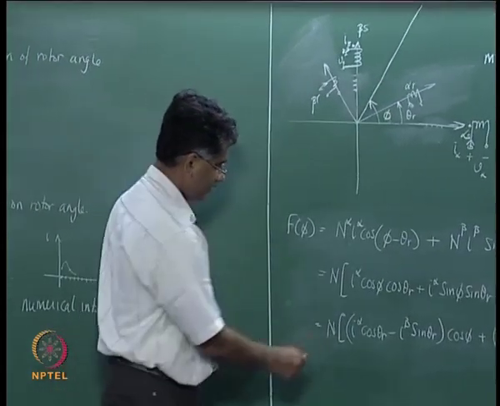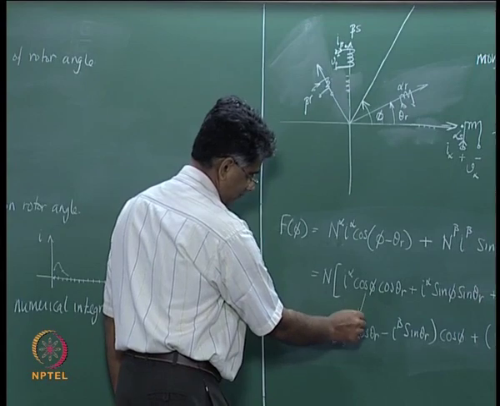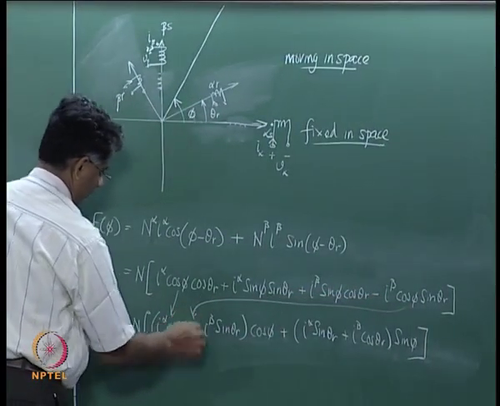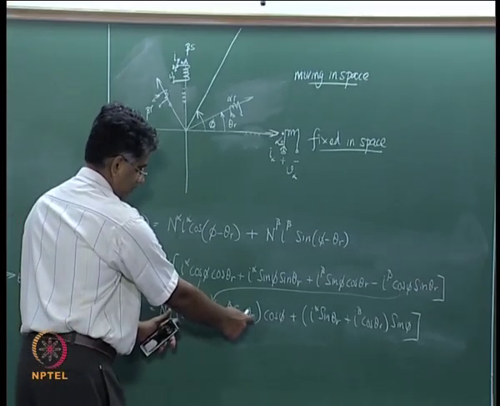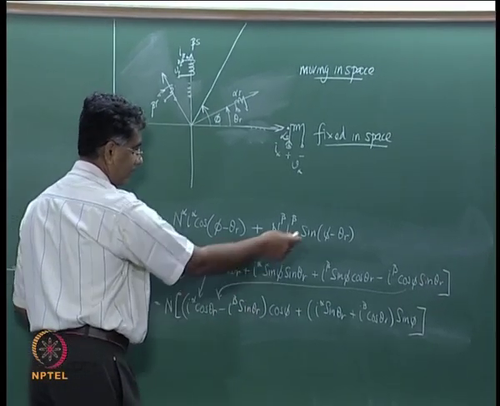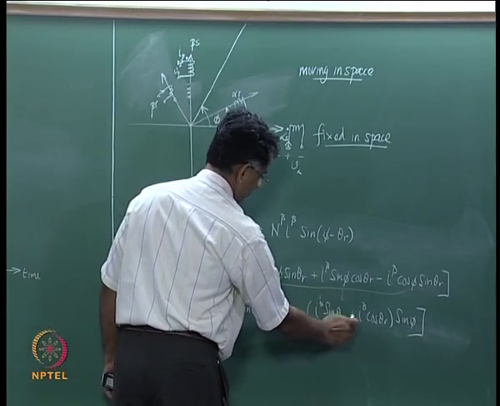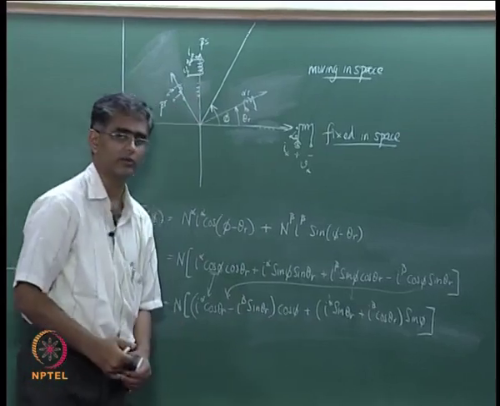What we have done is taken the first term and this last term into one set, because both multiply cos phi, and then taken the second term and the third term as one set, because both are multiplied by sin phi.